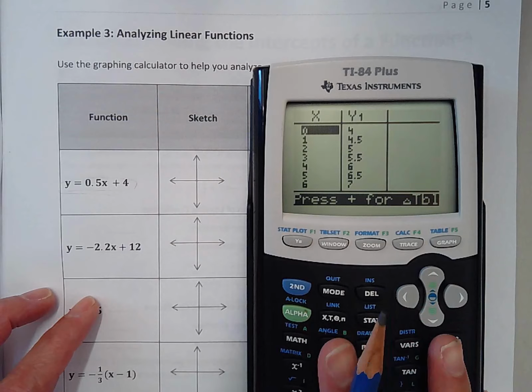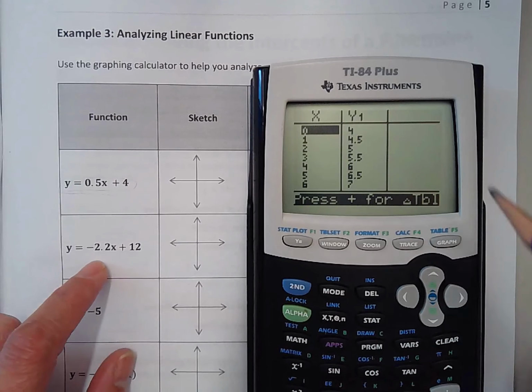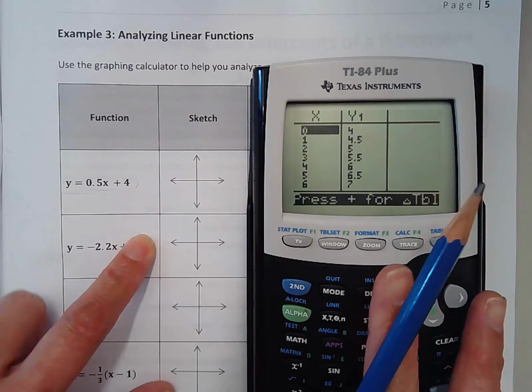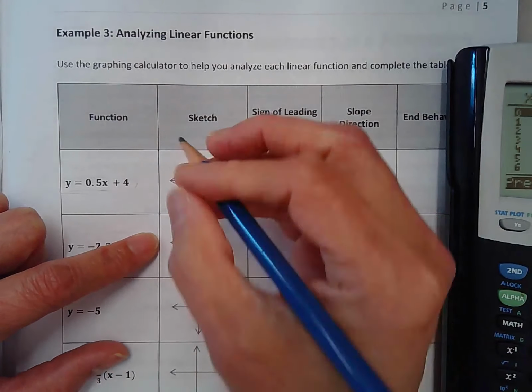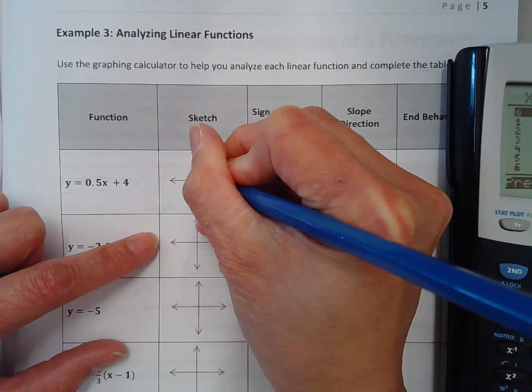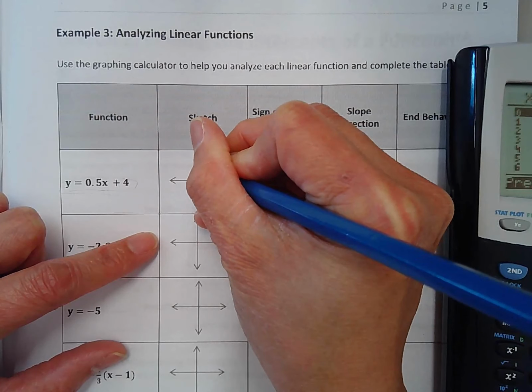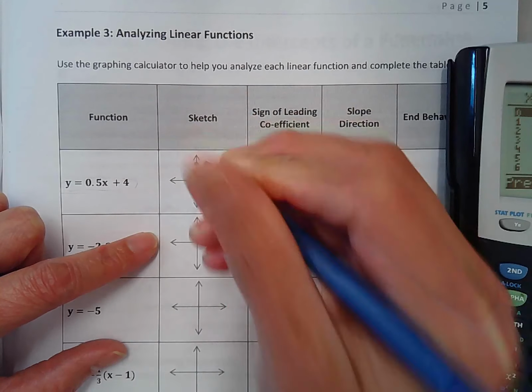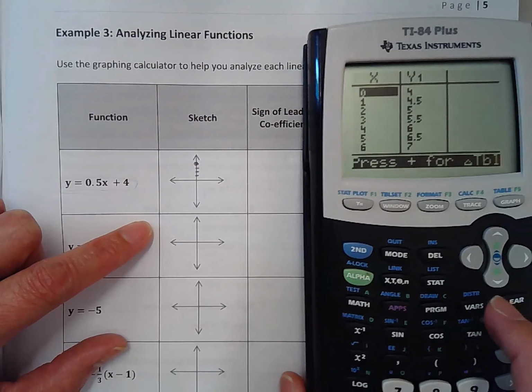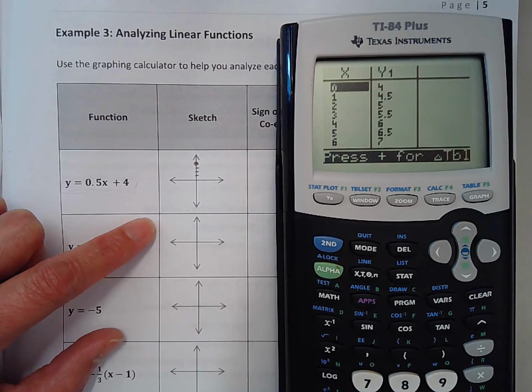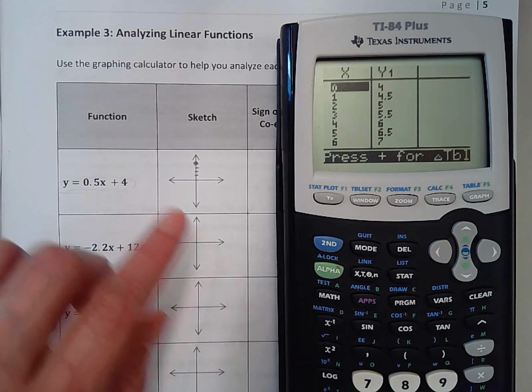So what's the point there? The first point is 0, 4. So we can use that point. And what other points can we use? We can go 1 and 4.5.